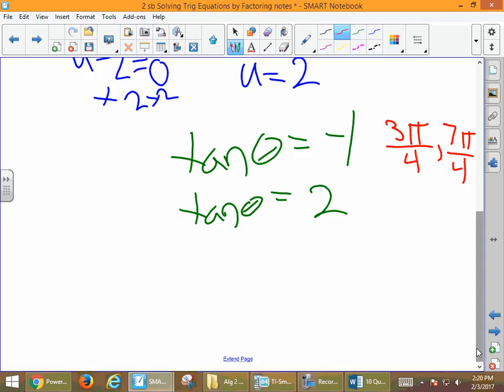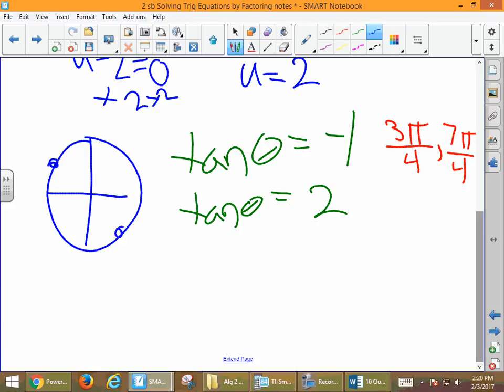So on our unit circle, we have 3 pi over 4, and then 7 pi over 4, and we can connect the dots, and we make a diameter, so we'll take our smaller angle, which is 3 pi over 4, and add pi k.